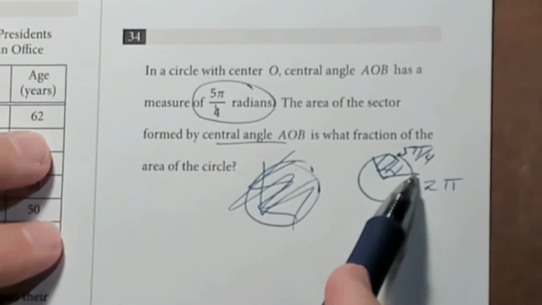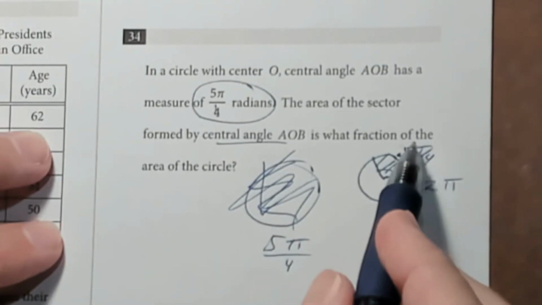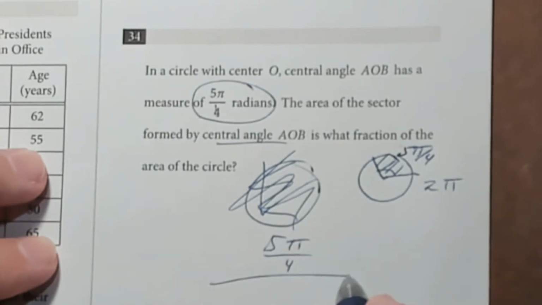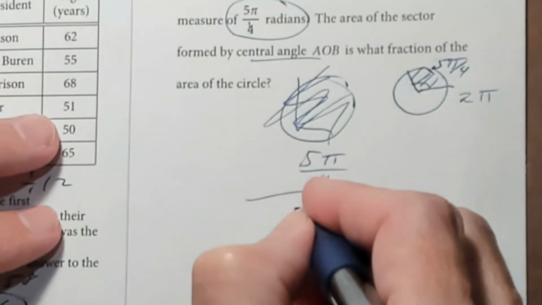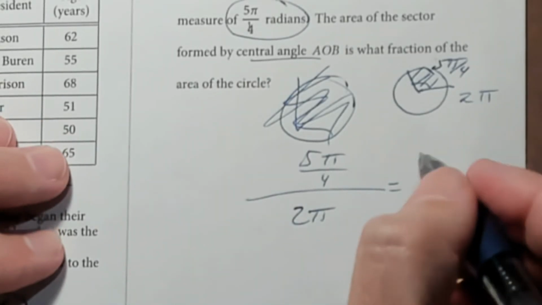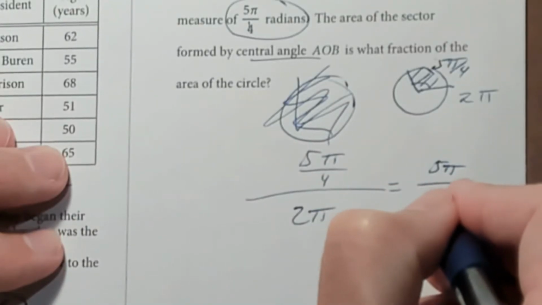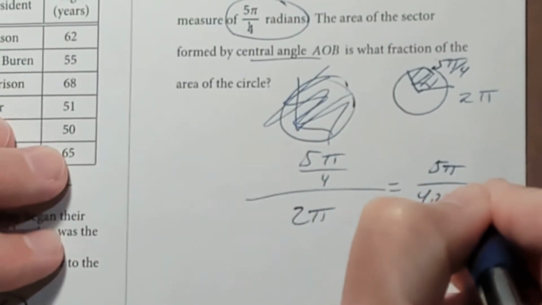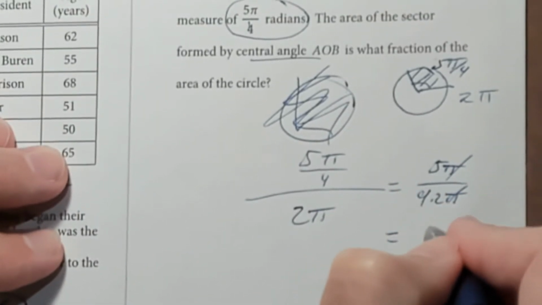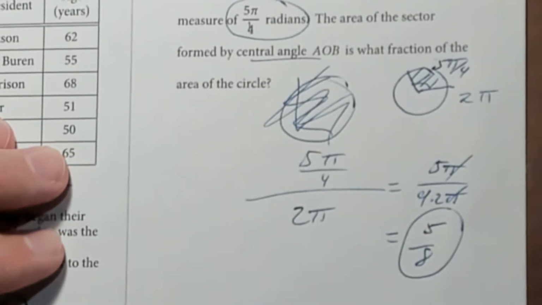Okay, so the sector is 5 pi over 4. What fraction of the entire area? The entire area is 2 pi. So divided by 2 pi, right, equals what? Well, so I got 5 pi over 4 times 2 pi. Pi's cancel. You get 5 over 8. And that's going to be your answer.